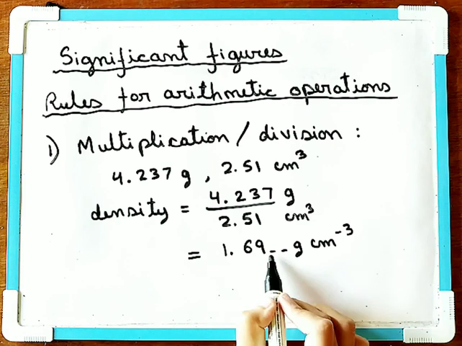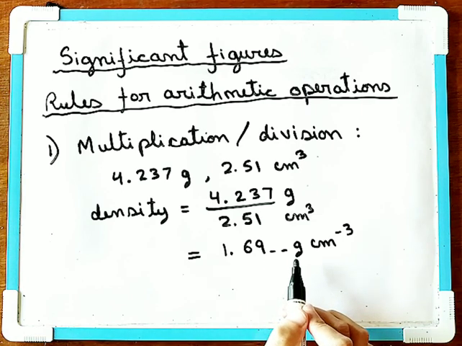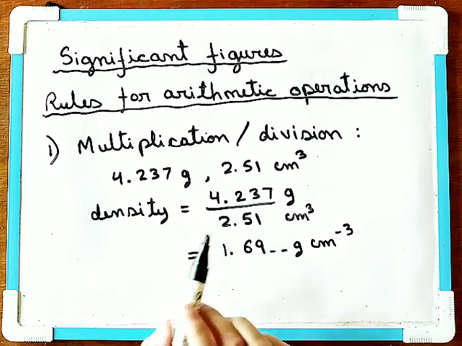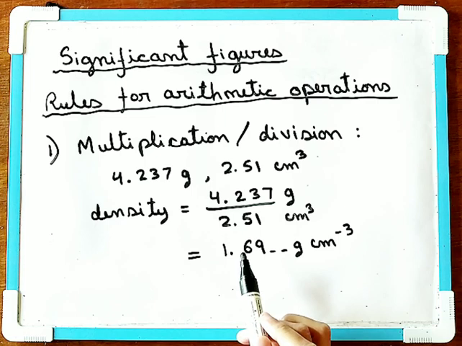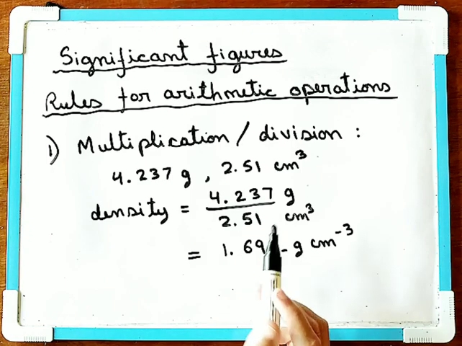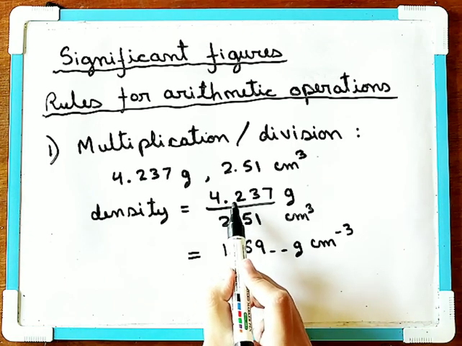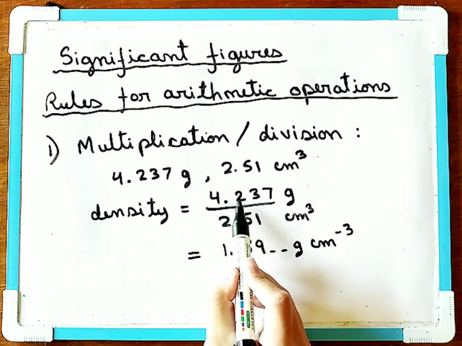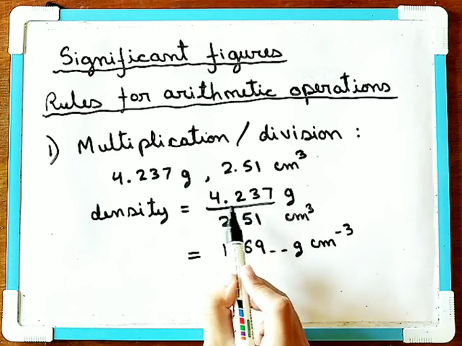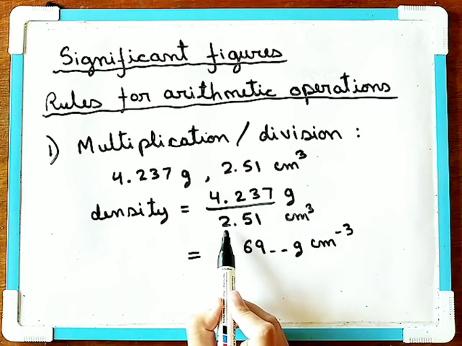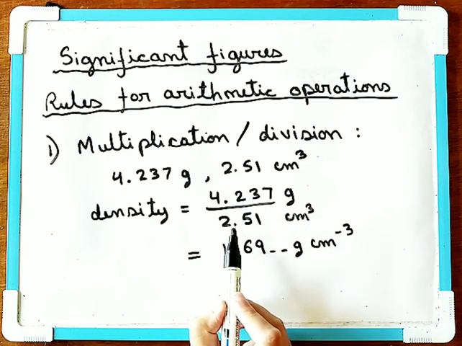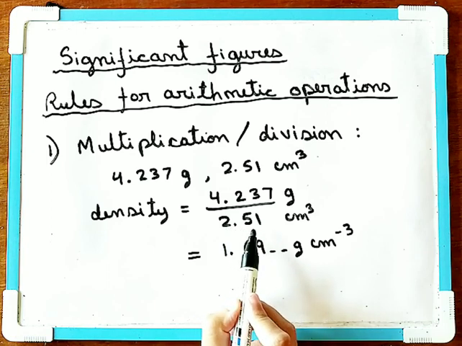However, these digits are to be ignored, because when dividing this quantity with this, we'll have to look at the least significant figures. Which number has the least significant figures? For example, this number here, 4.237. How many significant figures do we have in this number? 1, 2, 3, 4 significant figures. And in this number, how many significant figures do you have? 1, 2, 3.